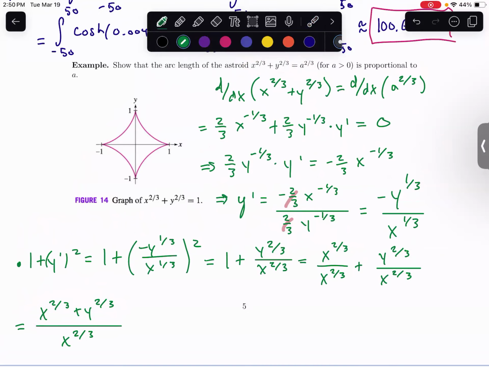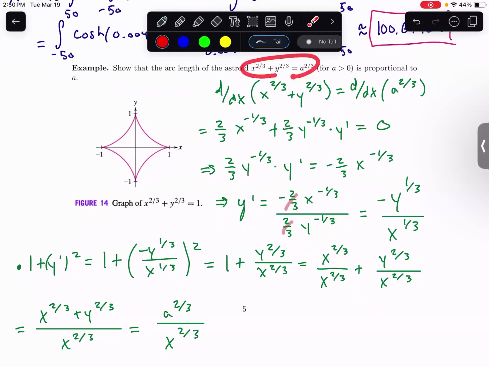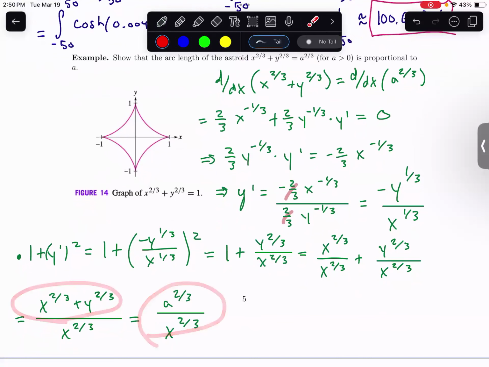And so this is just going to be equal to a to the 2/3 over x to the 2/3, just using this original equation that was given to us in the very beginning. So we can reference back, and now we have something entirely in terms of x. We don't want to have something with y in it.